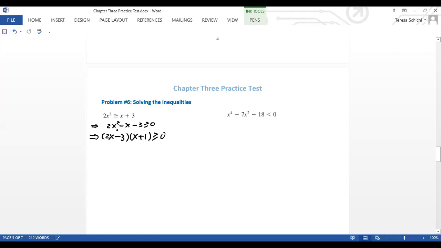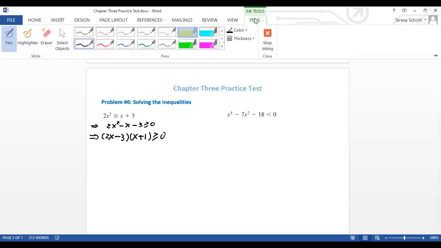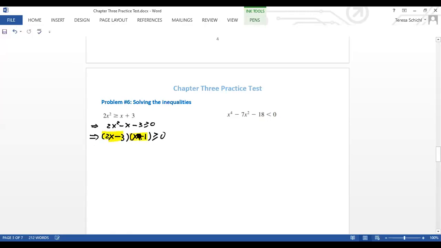Yeah, okay. So now we set this one equal to 0 and this one equal to 0. So I have x equal to 3/2 and x equal to negative 1.